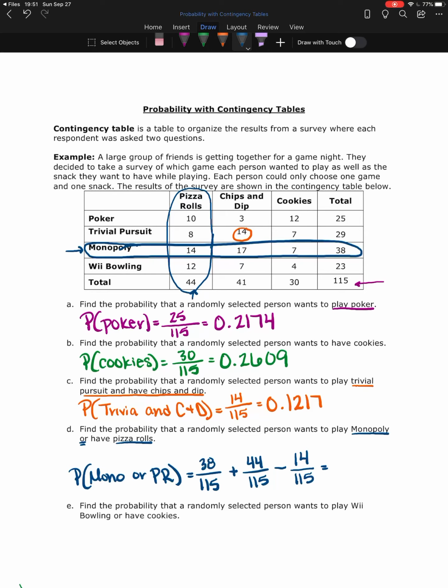So 38 plus 44 minus 14 is 68 over 115, which is 0.5913.